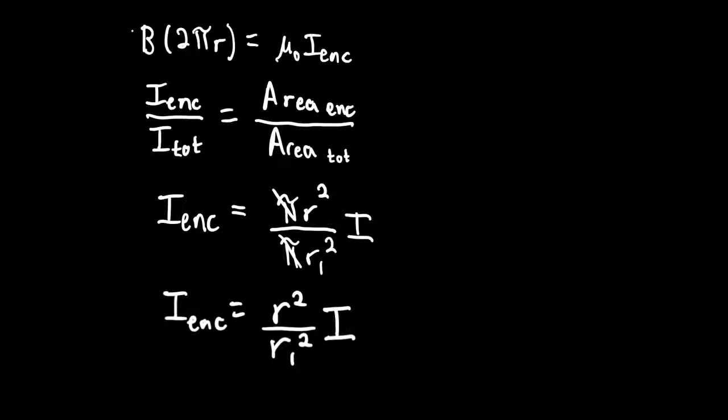Okay, I enclosed is R squared over R1 squared times I. So now this goes right back into your Ampere's law equation. This gets plugged in right up here.